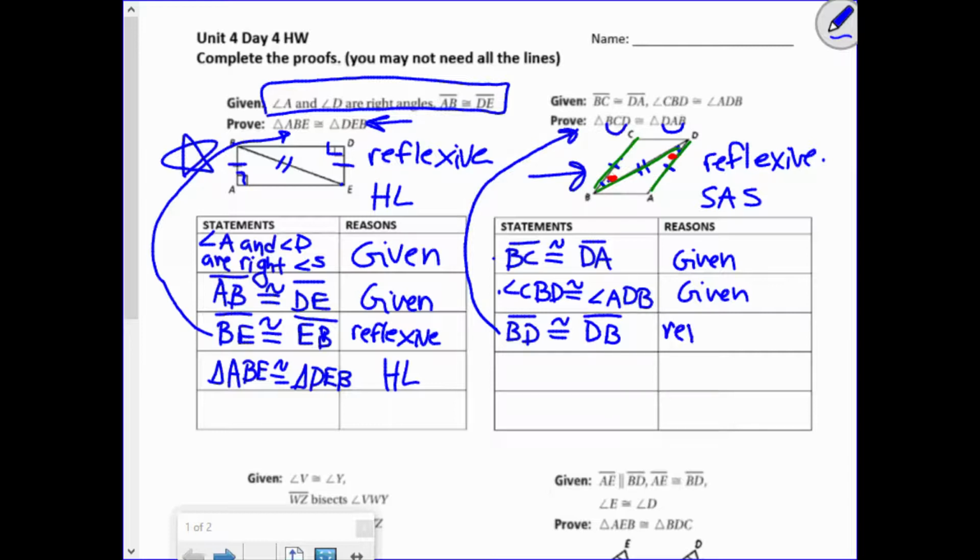And that was the reflexive property. And then with those three pieces of information, I know that the two triangles are congruent by side equals side. So triangle BCD is congruent to triangle DAB by side equals side.